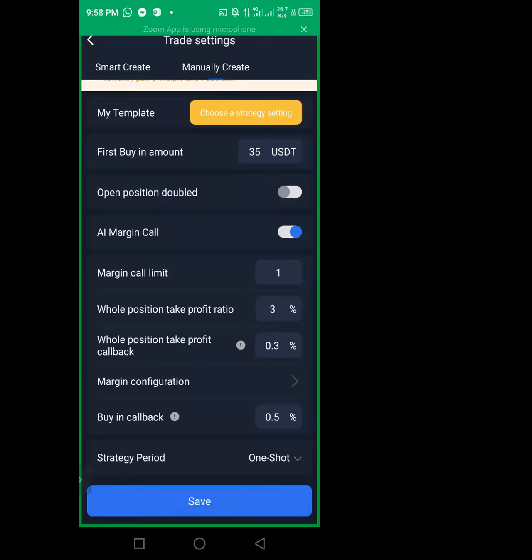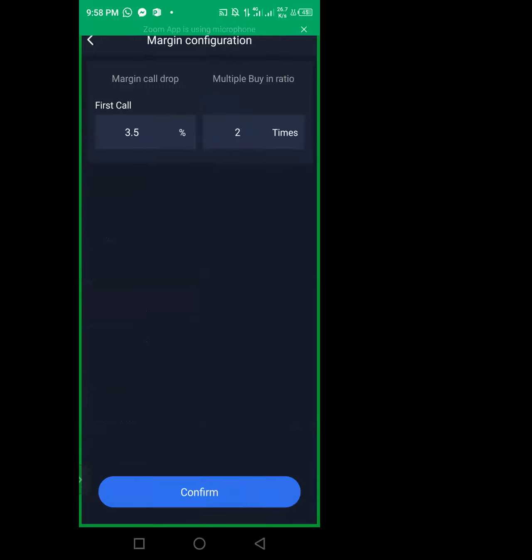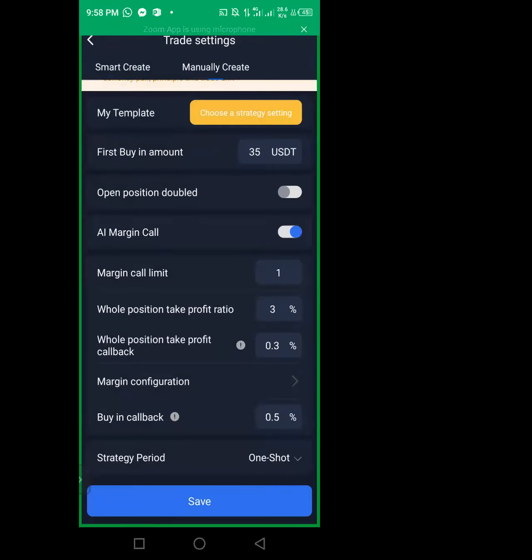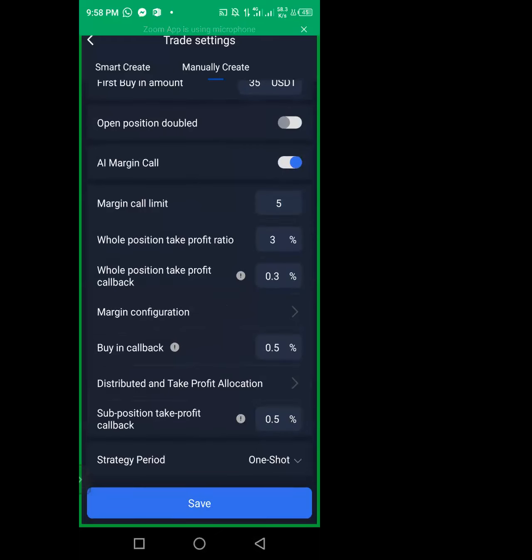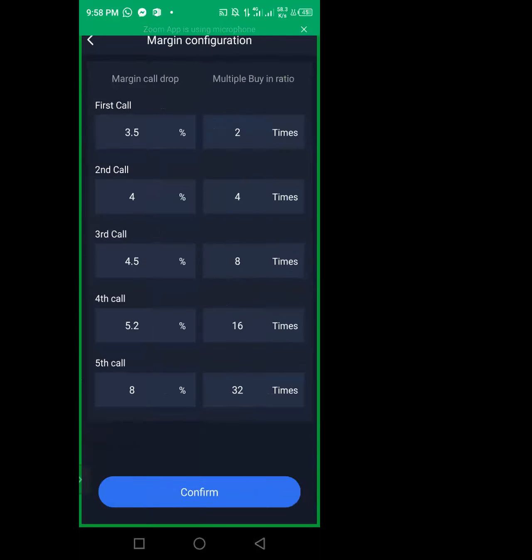So then the margin configuration. Let's enter margin configuration before I activate the cycle, then we'll explain the last two. For us to explain margin configuration, let me increase this to 5 so you see it well. These are the margin configurations. It has two sides, the left and the right. The left side is the margin call drop.